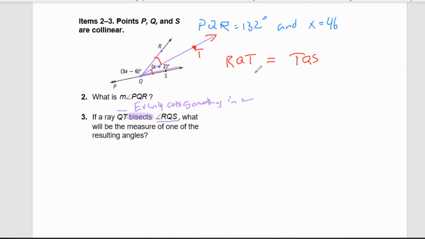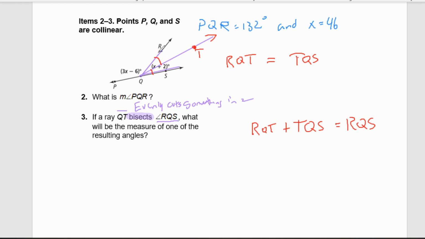So now what I can say is RQT is equal to TQS, or RQT plus TQS is equal to RQS. And again, here's the overall angle. Here are the two new angles that we generated by the bisecting line. So what I can say is RQT plus TQS is equal to RQS.